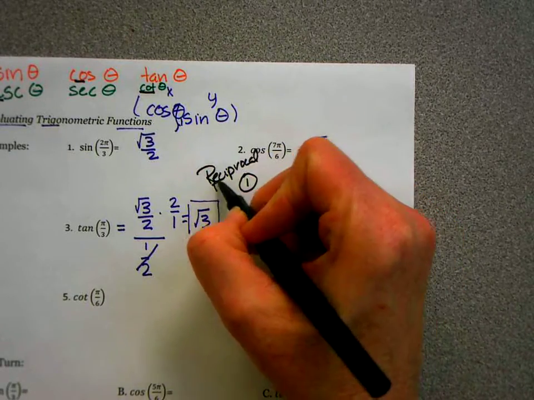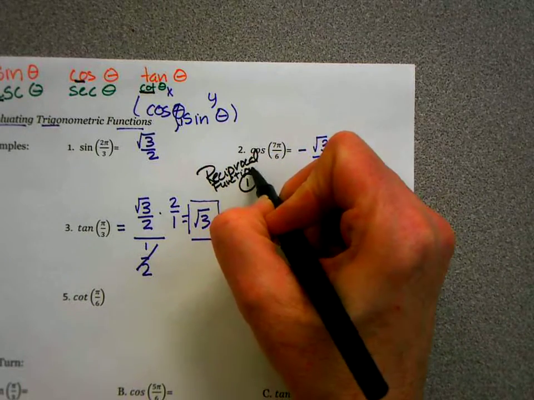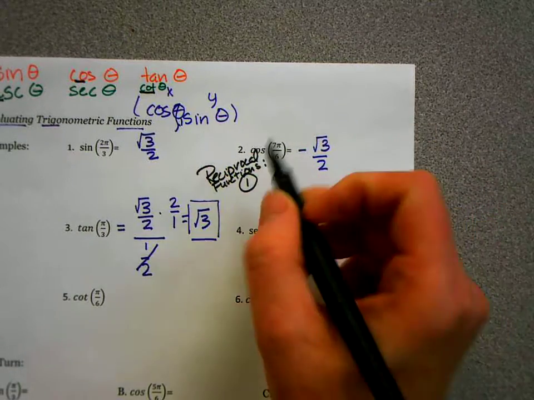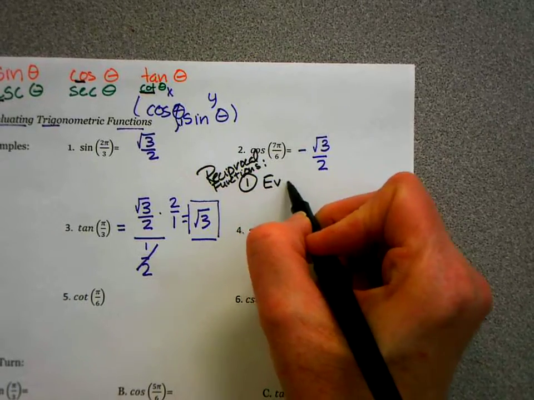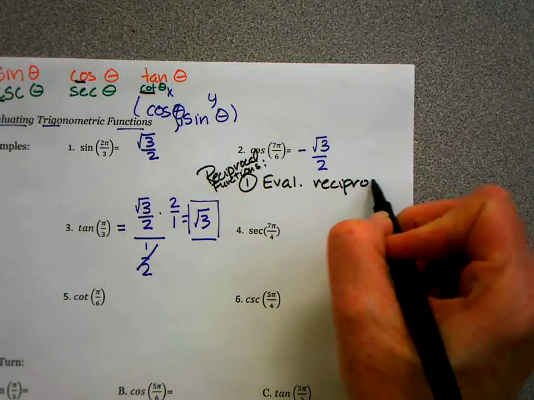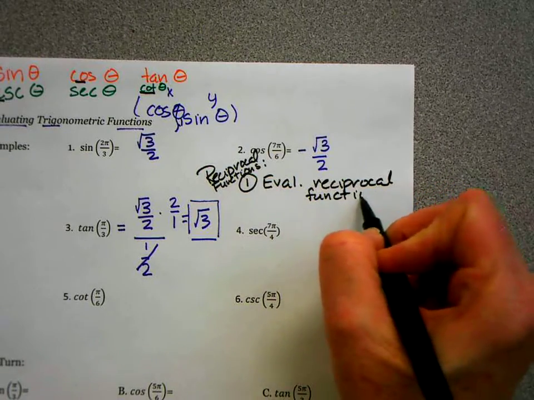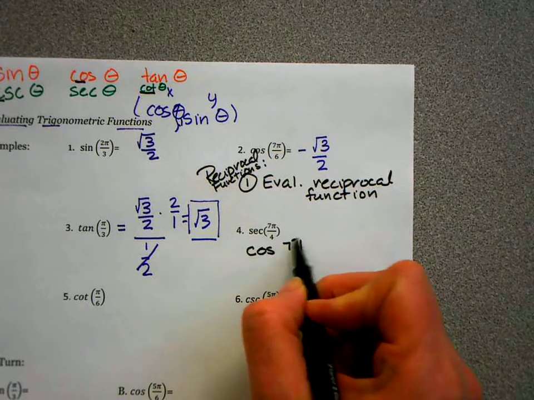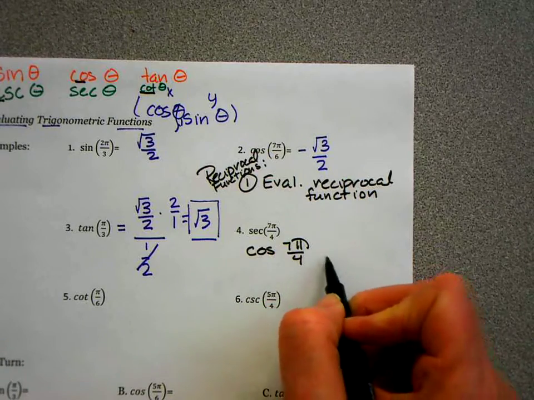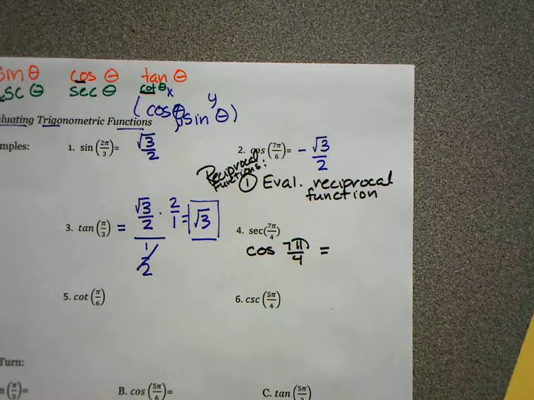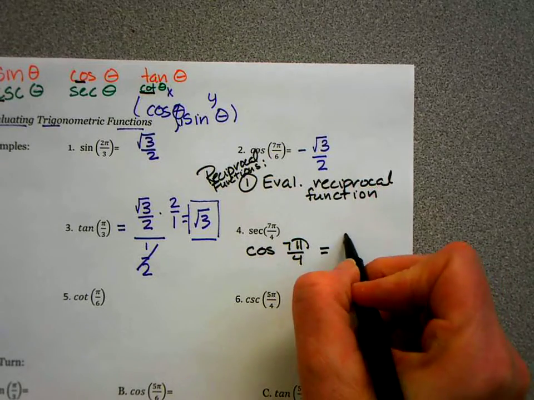Okay, what we're going to do is one, evaluate the reciprocal function. So this problem right here, we're going to 7 pi over 4. And I'm looking at my unit circle, and I say, okay, the cosine of 7 pi over 4, oh, that's radical 2 over 2. That's step 1.